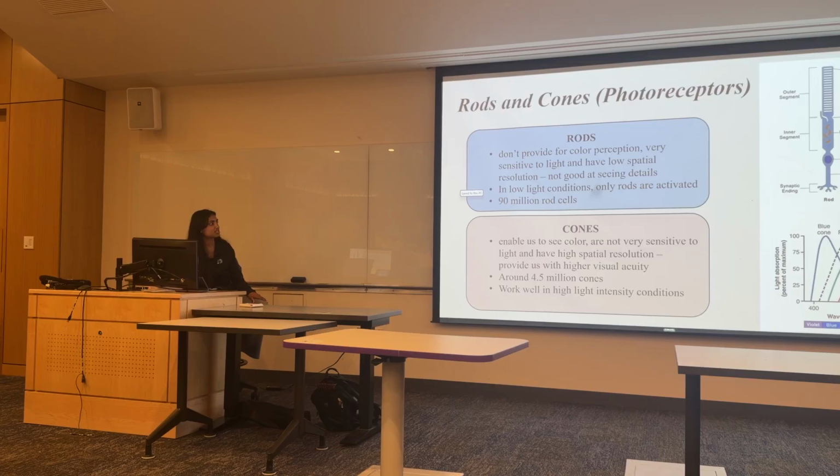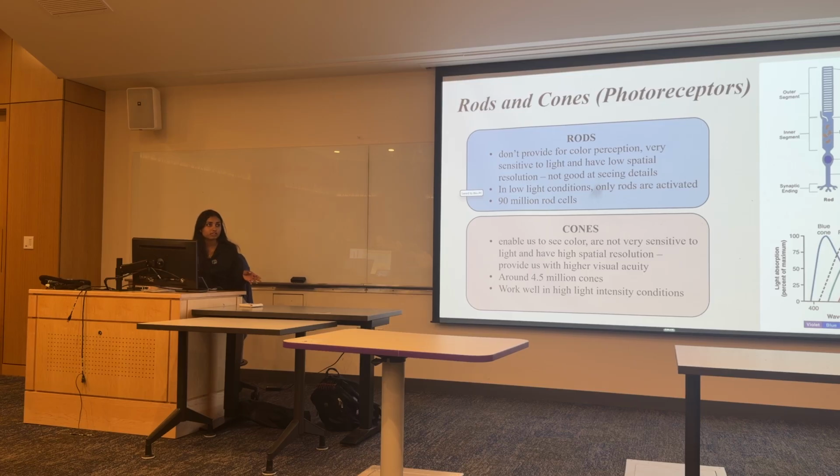So next, just a quick overview of rods versus cones. These are the two photoreceptors we talked about in the previous slide. So rods, they don't provide for color perception. However, they're very sensitive to light, and they have low spatial resolution, so they're not very good at seeing details. These are mainly the photoreceptors that are responsible for detecting changes in light.